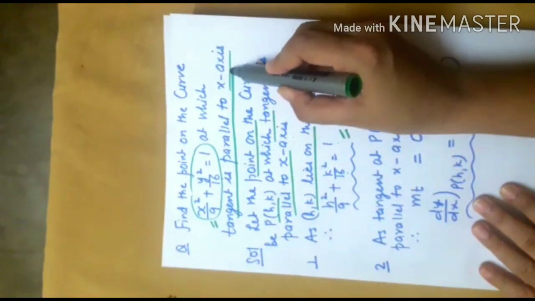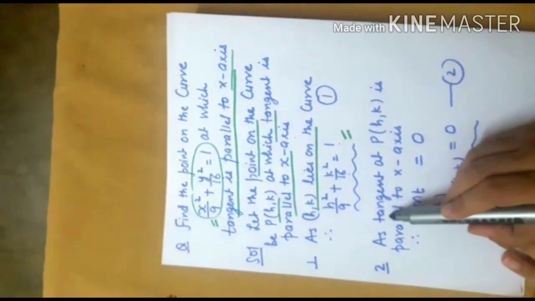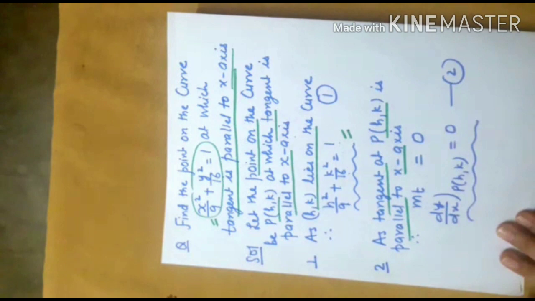Tangent is parallel to the x-axis. Yes, when a line is parallel to x-axis, what can you say about its slope? Yes, when a line is parallel to x-axis, then its slope is 0. So here, tangent at P(h, k) is parallel to x-axis.